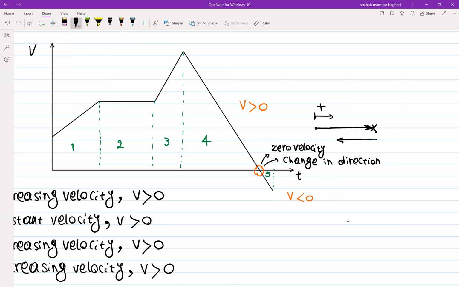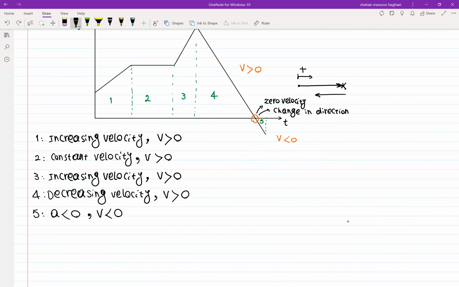In other words, if you have this kind of intersection between your graph and your t-axis, with positive and negative velocities like that, of course, your particle will go backward eventually. It's so important.